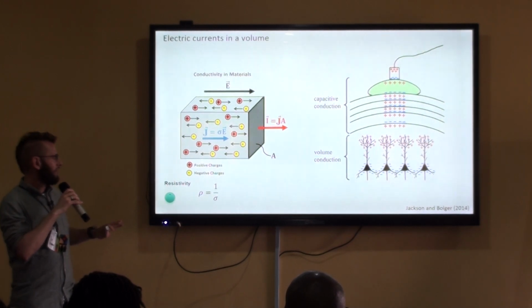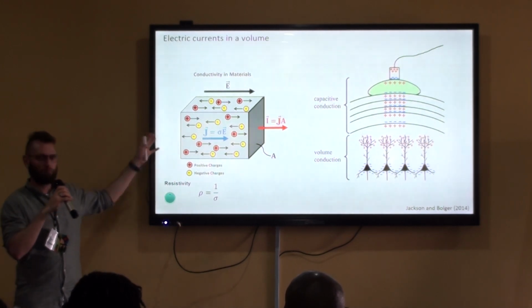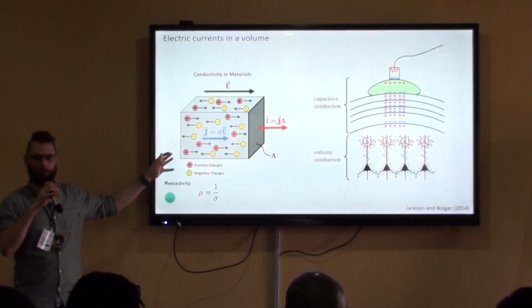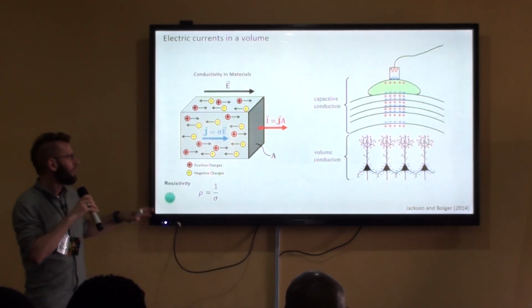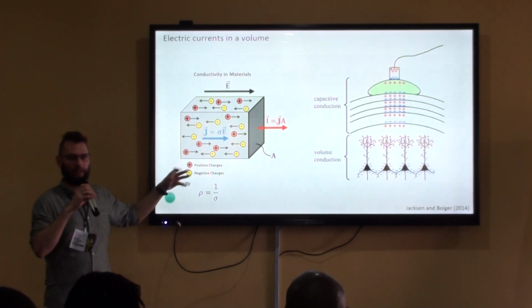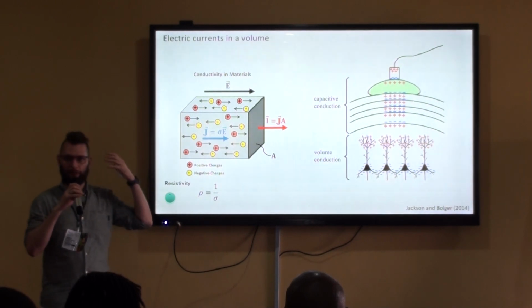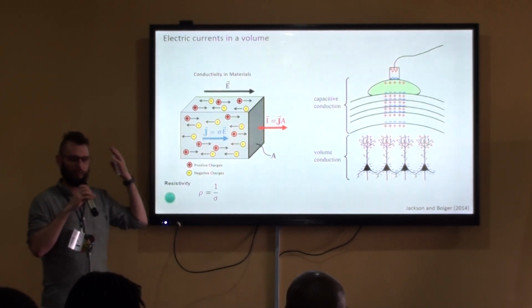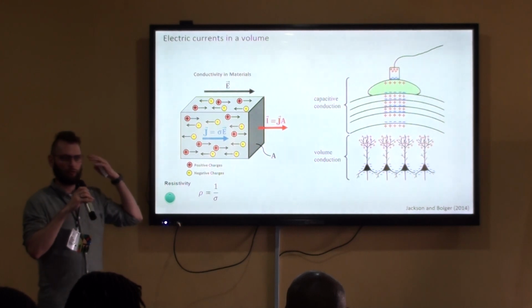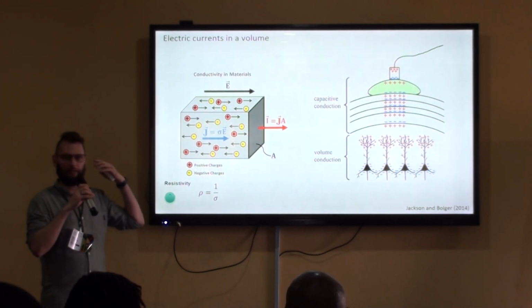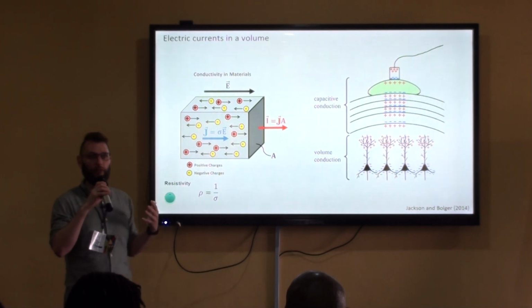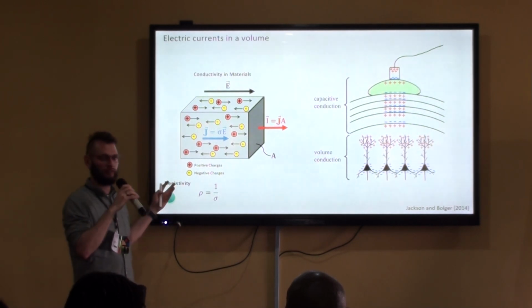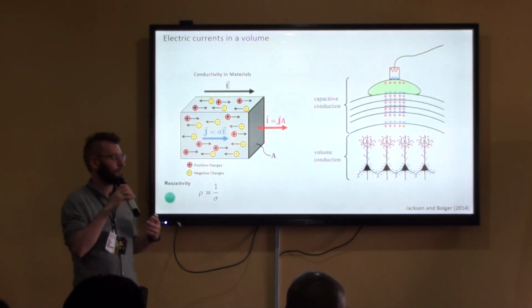And this applies to any electric field, whatever it is. You would find it if you are working in engineering or so. But why this is relevant is because inside the head we have different types of material, from skull to soft tissue, skin, CSF, and so on. All these different tissue types have different conductive properties.